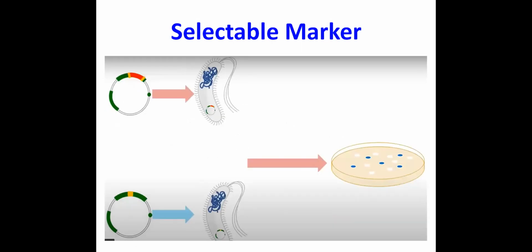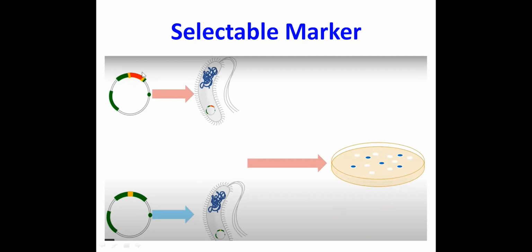Suppose you set up a ligation reaction, where you have taken your gene of interest and your vector, and then you perform the ligation. There is a probability you will get two kinds of vector, the non-recombinant vector and the recombinant vector.